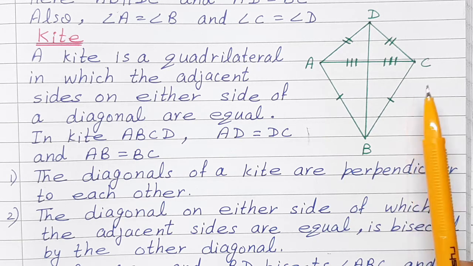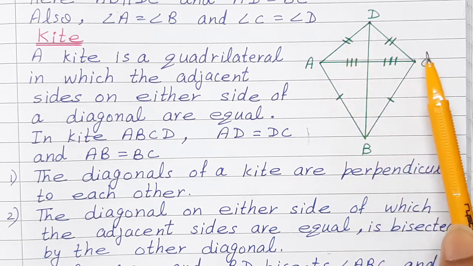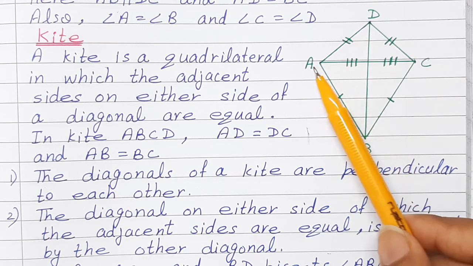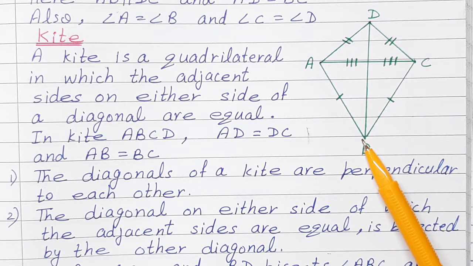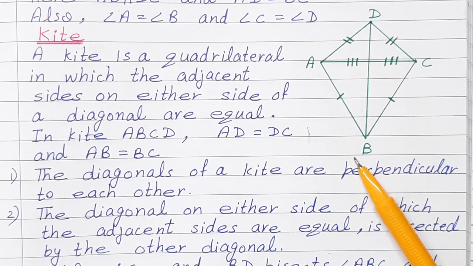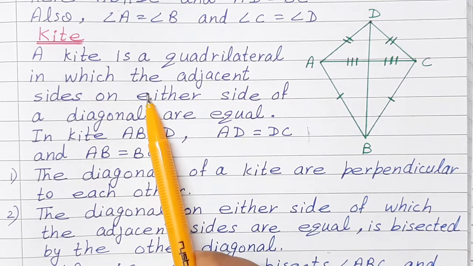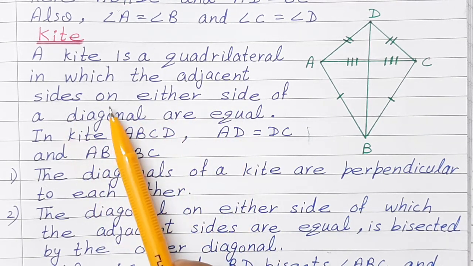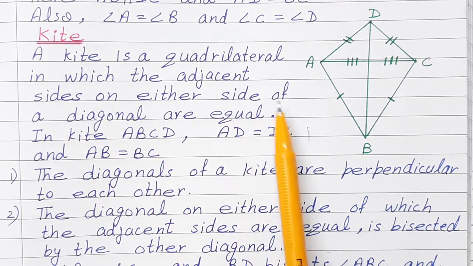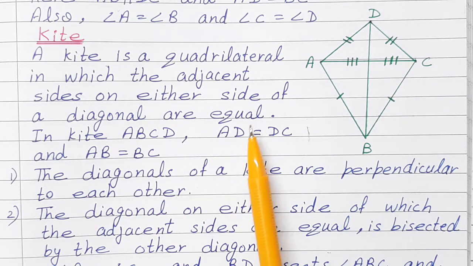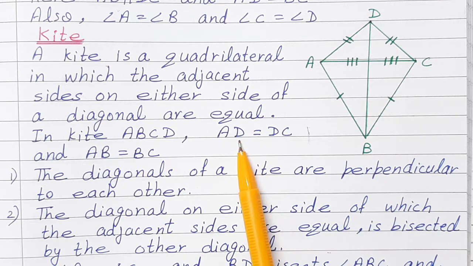That is, AD is equal to CD and AB is equal to BC, right? So, a kite is a quadrilateral in which the adjacent sides on either side of a diagonal are equal. I hope you have understood this.